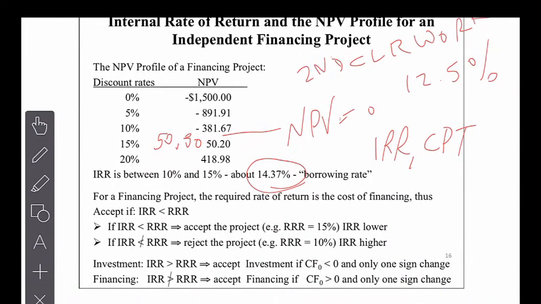So we interpret this therefore as a borrowing rate. So this says that it's not the rate of return, it's the rate of borrowing for the project is 14.37%.